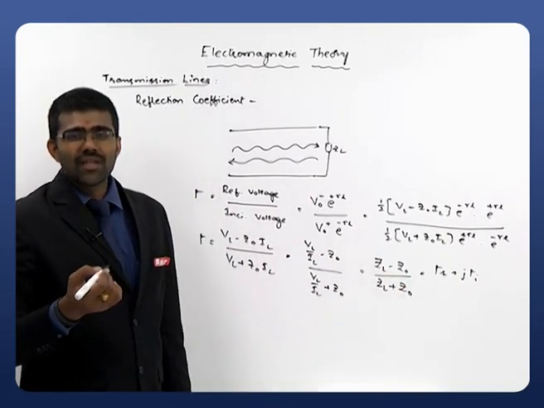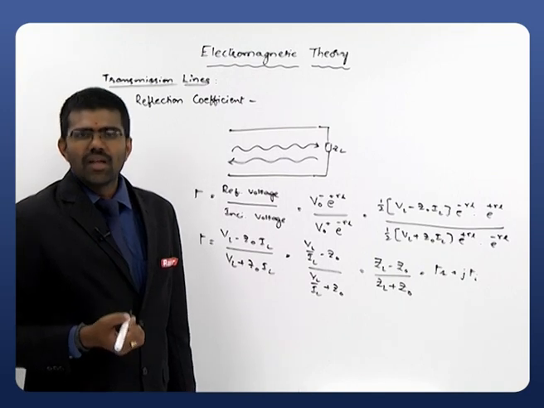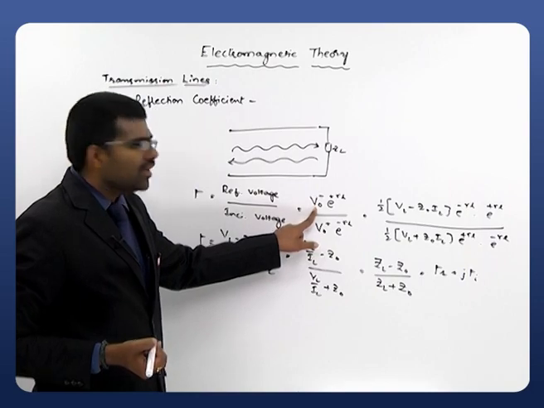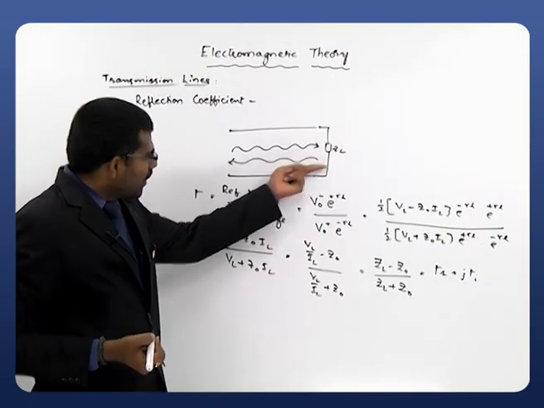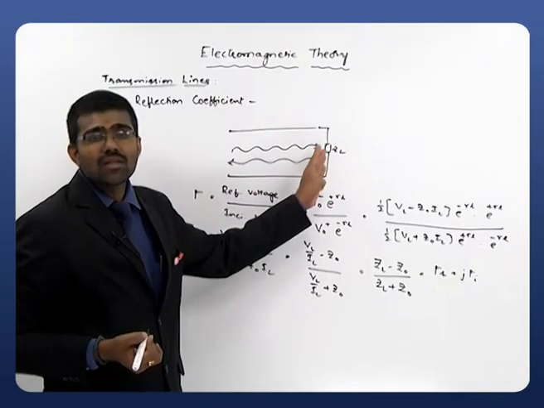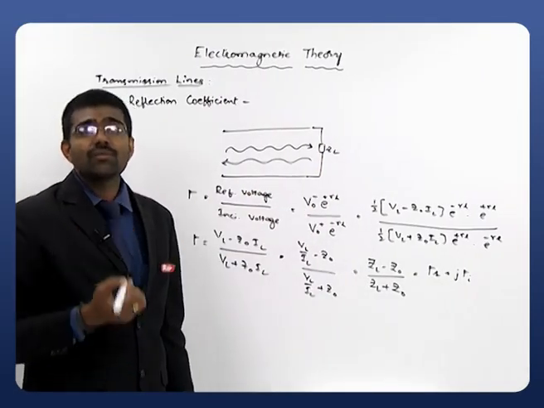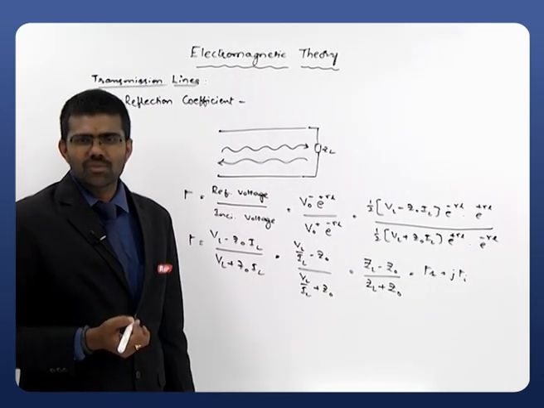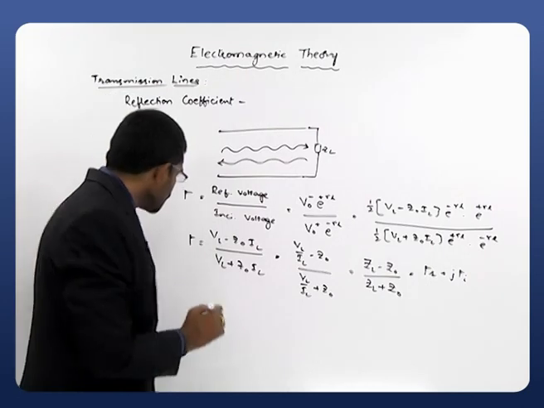You may ask, sir, what is the reflection coefficient for current then? As it is, you are supposed to follow the steps. Here consider the current which is flowing in the opposite direction, the reverse direction. Consider the current which is travelling in positive z direction. Take the ratio of these two, then that will be the current reflection coefficient. Then what is the relation between the voltage reflection coefficient and the current reflection coefficient? Just observe.